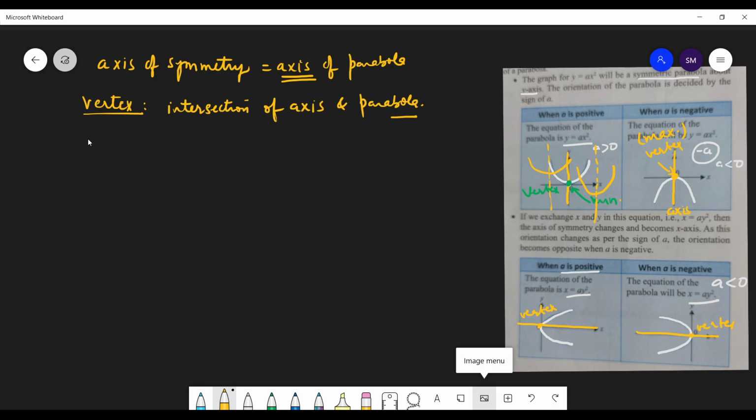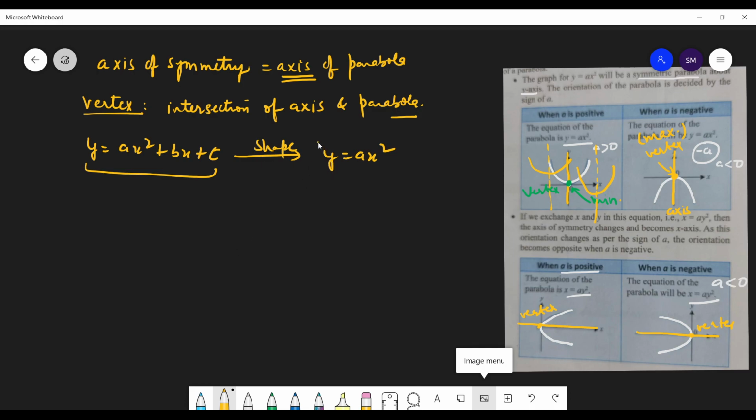So if you have y = ax² + bx + c, with b not equal to 0, then its shape will be similar to y = ax². Is this clear?